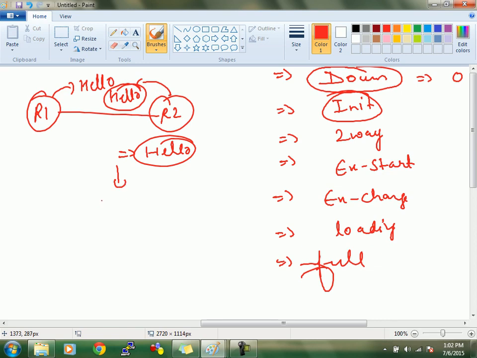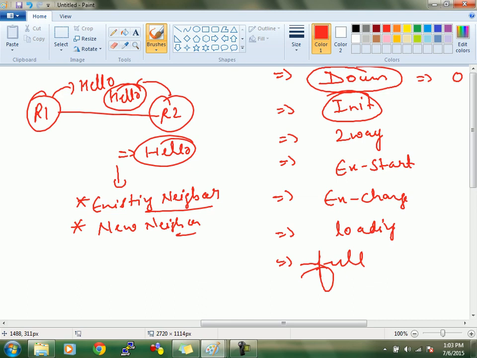First is R2 is receiving hello from an existing neighbor, or R2 is receiving hello from a new neighbor. Agree? There can never be a third case.